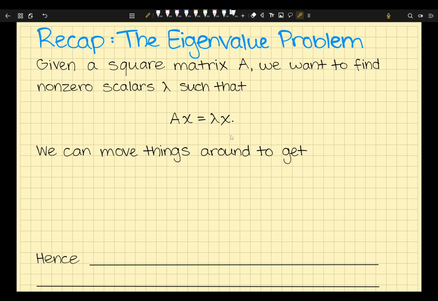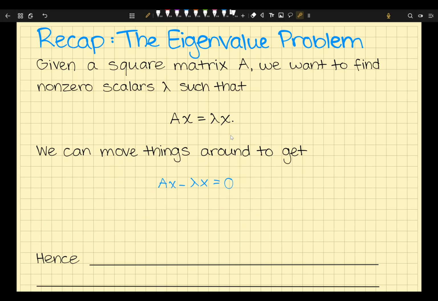So we want to somehow factor out this x. But because A is a matrix and lambda is a scalar, it wouldn't make sense to just do A minus lambda x equals 0, because then we'd be subtracting a scalar from a matrix, which doesn't really make sense.